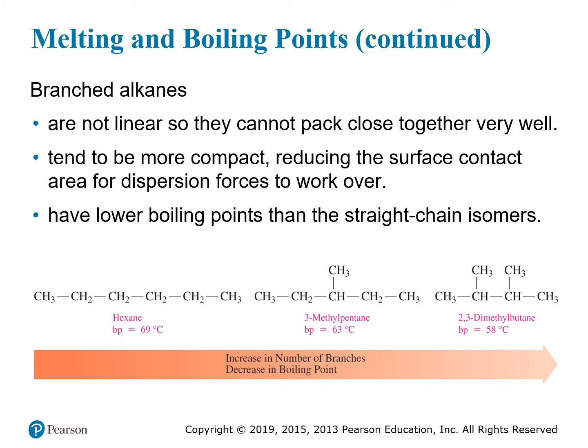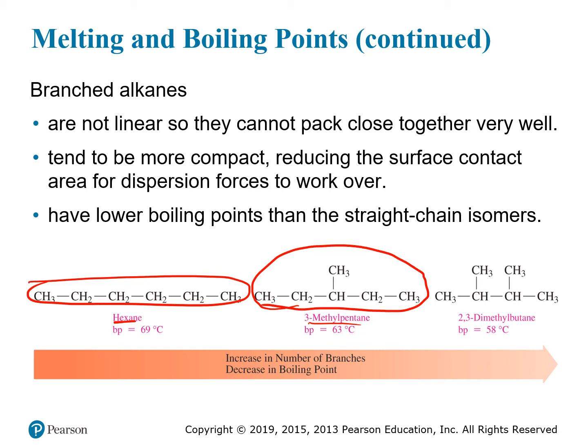So in other words, a molecule like hexane, which is 6 carbons in a row, is more extended or has a larger surface area than something like 3-methylpentane, which is a 5-carbon chain with 1 extra carbon substituent. It's still 6 carbons. In fact, these are structural isomers of one another. But 3-methylpentane is a little bit more compact due to this branching point here, and so it has a slightly lower boiling point than hexane.